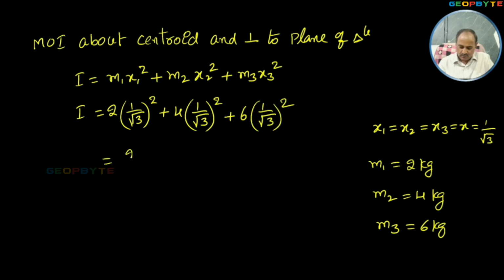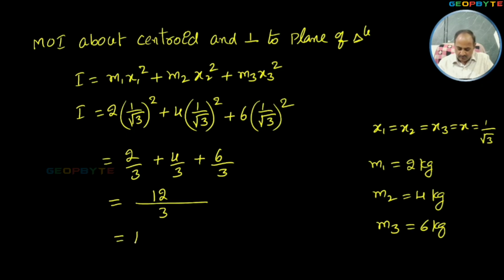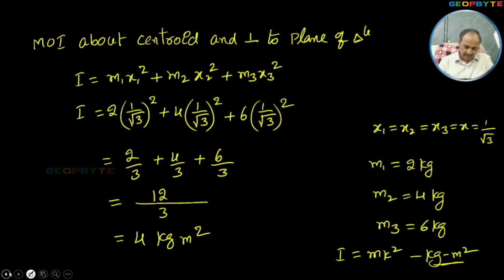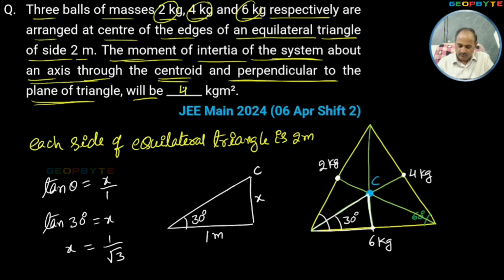Simplify it: 2 by 3 plus 4 by 3 plus 6 by 3, which is 12 by 3, equal to 4. Moment of inertia is in kg meter square, because I equals m k square, where m is in kg and k, the radius of gyration, is in meters. So the answer is 4 kg meter square.